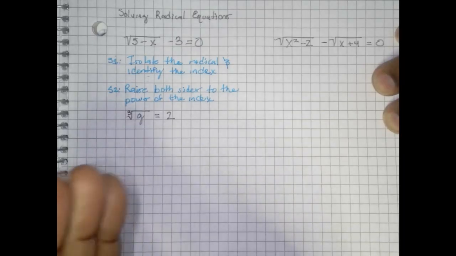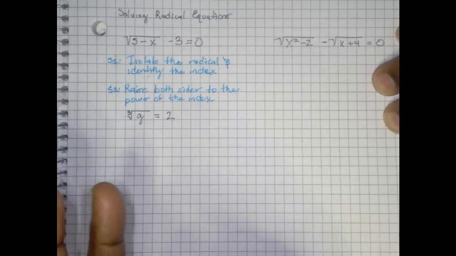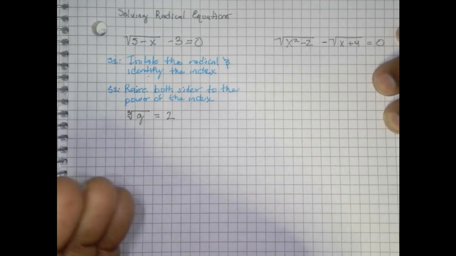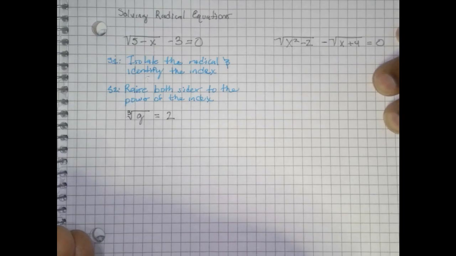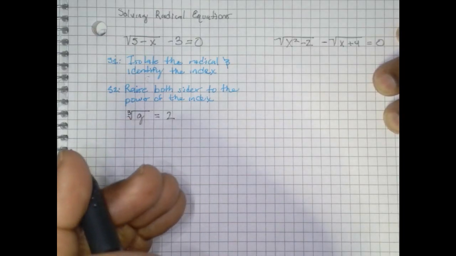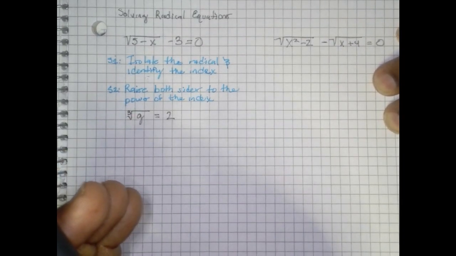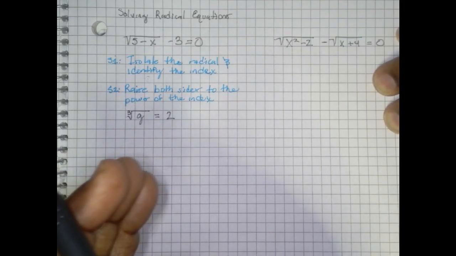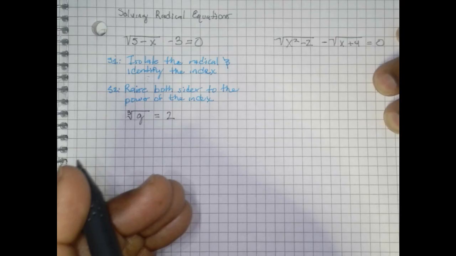The opposite of a radical is a power. Just like the opposite of -3 is a positive 3, or the reciprocal of 5 is 1 over 5. The way you remove a radical is with a power.